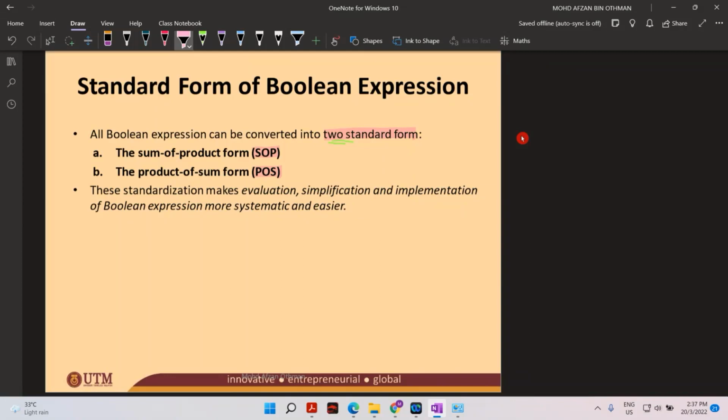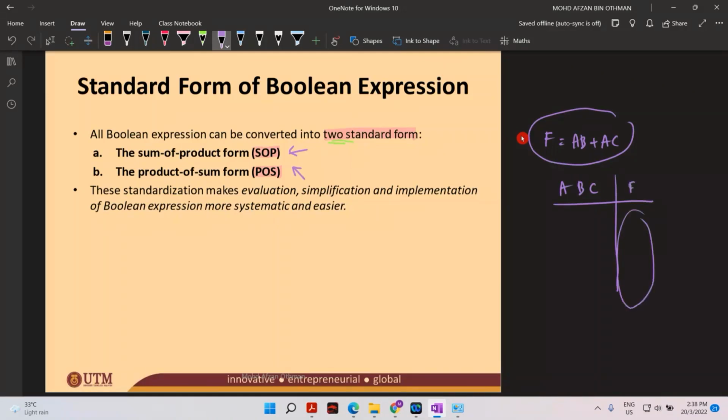Either using SOP or POS, because later on by using the Boolean expression, we can derive the truth table. For example, if you have an expression like this, from this expression you can come up with a truth table. So that's why we need to know what form we're going to use, either SOP or POS, because we're going to find out the output solely based on this expression without needing to draw the logic circuit.